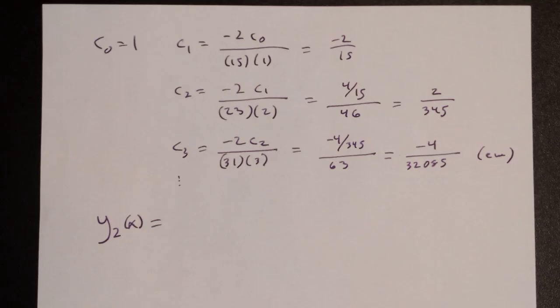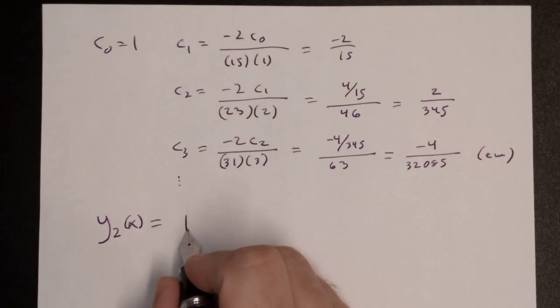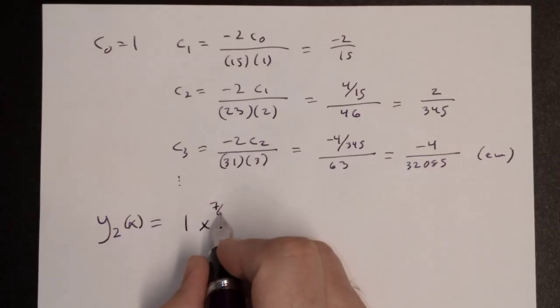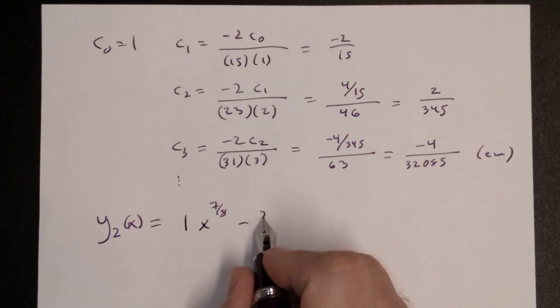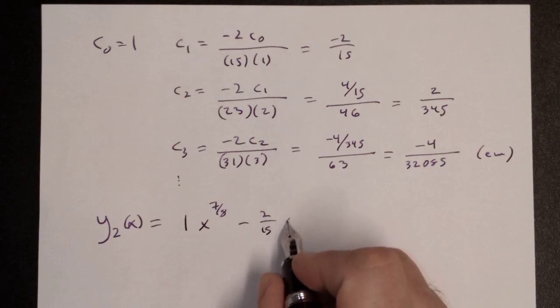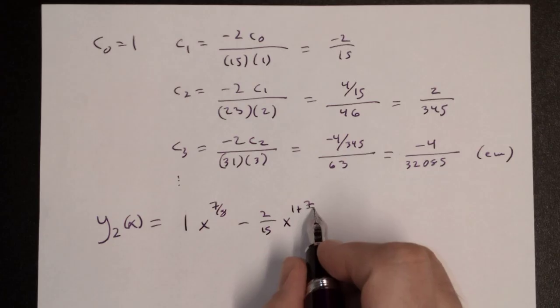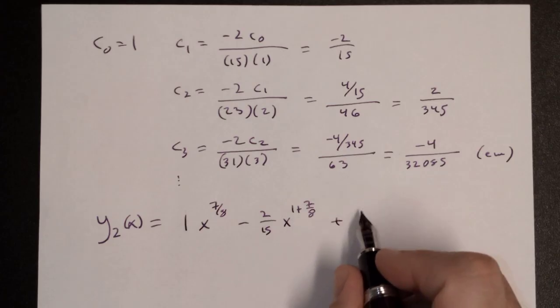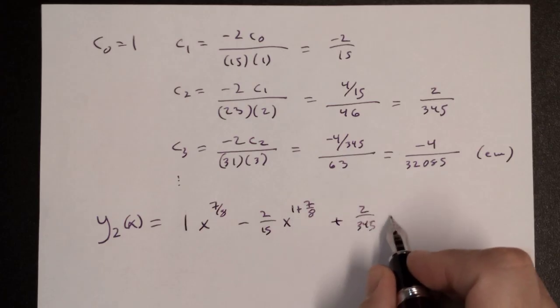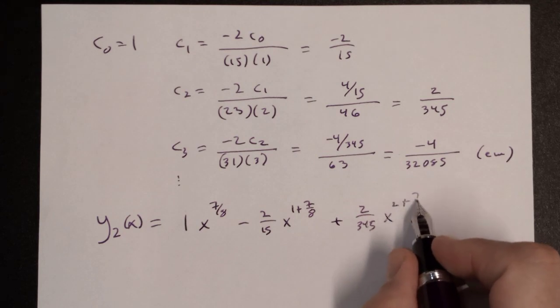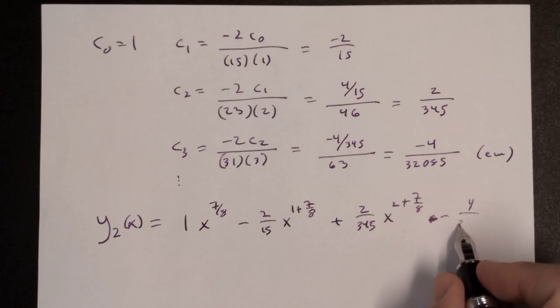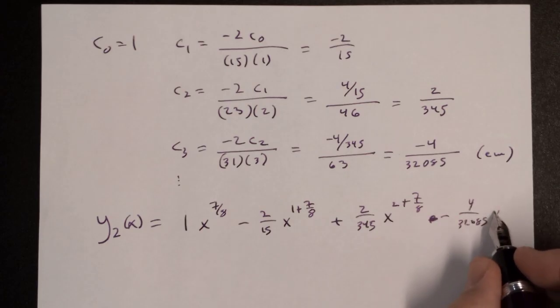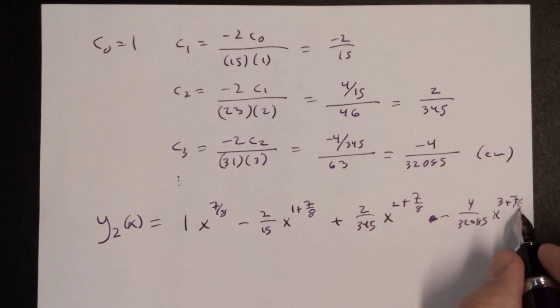I start not with x to the 0, but I start with 1 x to the 0 plus 7/8. And then minus 2 over 15 x to the 1 plus 7/8 plus 2 over 345 x to the 2 plus 7/8 minus 4 over 32085 x to the 3 and 7/8.